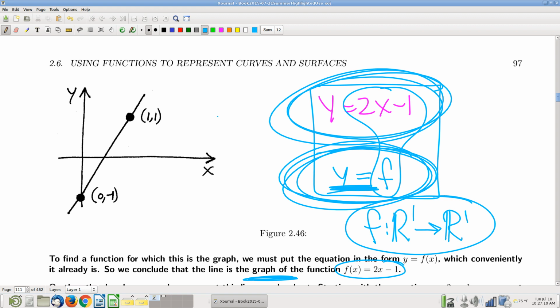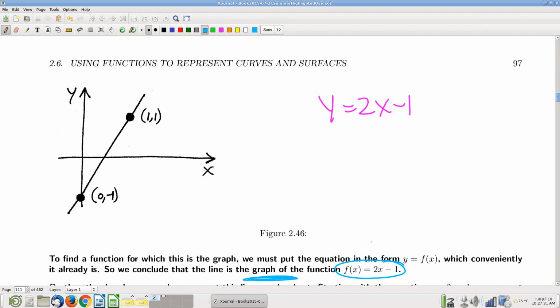The point is, can you identify the correct function, making an appropriate understanding of the word graph? Can you demonstrate the process of knowing what a graph is? Graph takes a function and gives you a curve, an equation for a curve. So what's very important in that is that you write it correspondingly. In other words, you have to write the function like this. You have to write it as a function. It happens every year that students, to the question, is this line the graph of some function? A lot of students will write down, yes, the graph of this function.